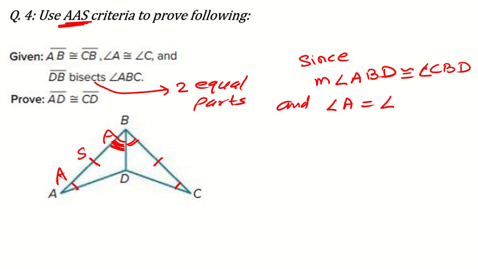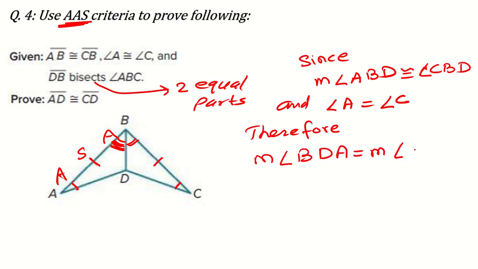Angle A is equal to angle C. Therefore, it is necessary that measure of angle BDA will be equal to measure of angle BDC. Means these two angles will also be equal. Okay, so in place of using this angle or this angle, we can just remove any one angle, so it will become A and S. This is not included now. So you see A and S.